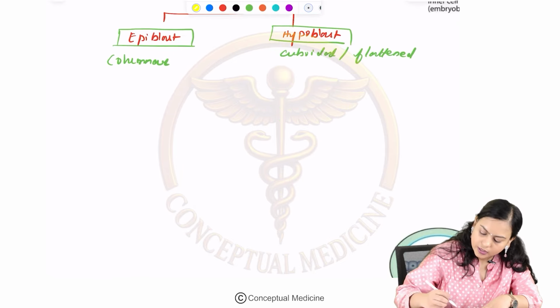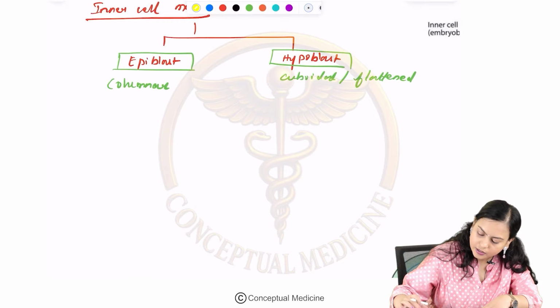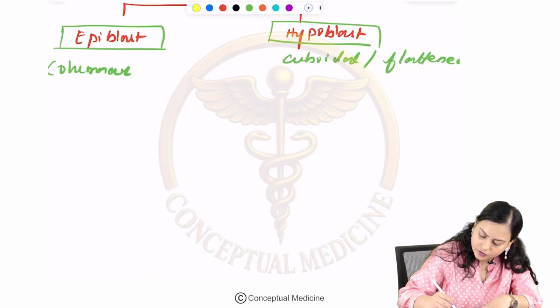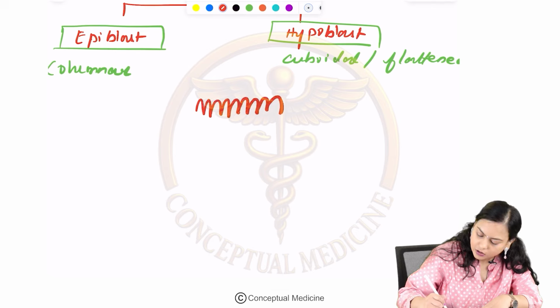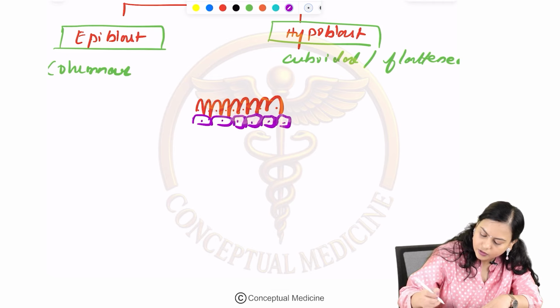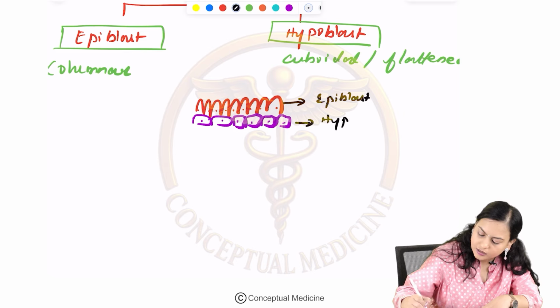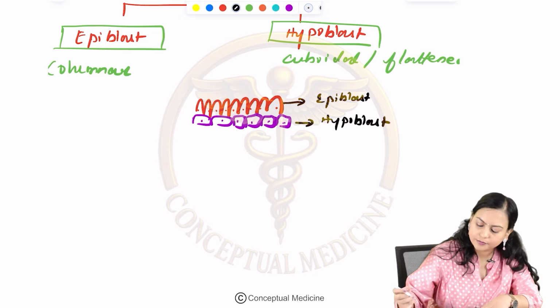So, the inner cell mass will be dividing like this. Okay, so we have the columnar cells and we have the cuboidal or the flattened cells. Okay, so this is the epiblast, this is the hypoblast.